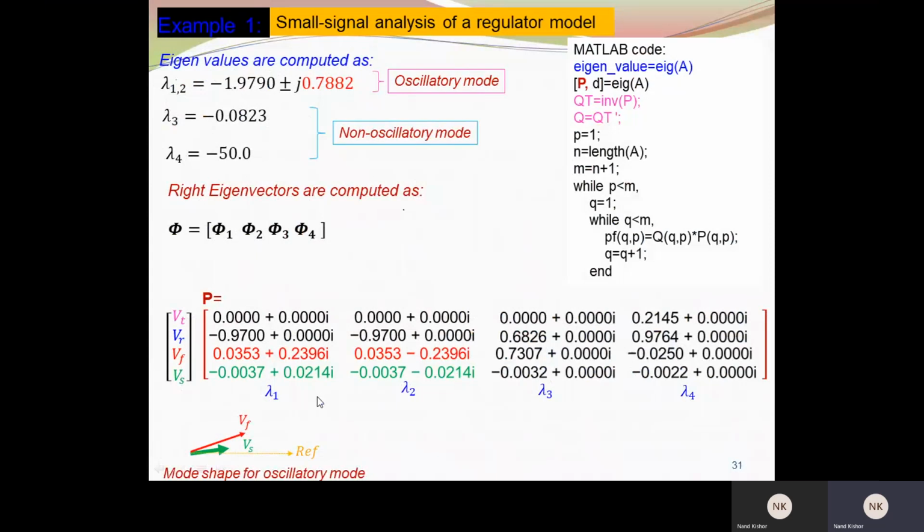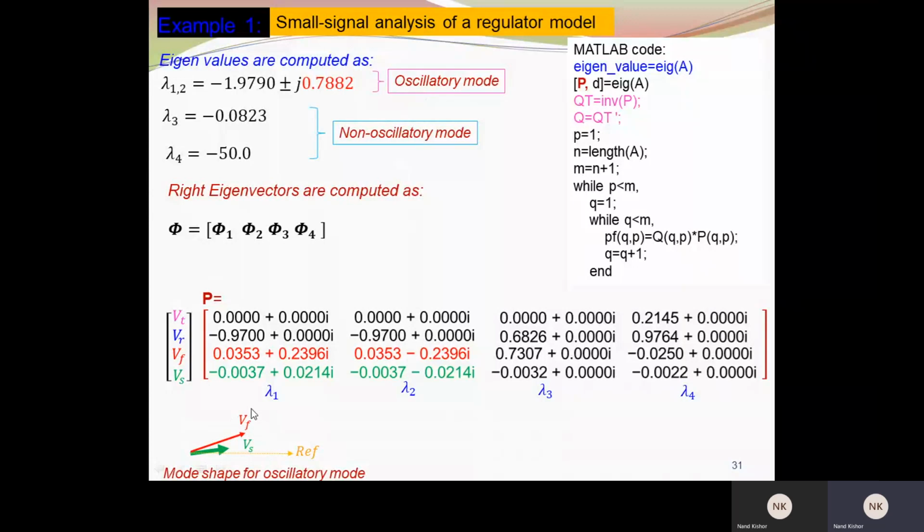Now it is possible to have the representation of these quantities in the P matrix in phasor form. If you consider the quantity here in the polar form, we get this, and similarly for this case, and with respect to the reference axis we can plot them here, and that gives you the mode shape for the oscillatory mode.